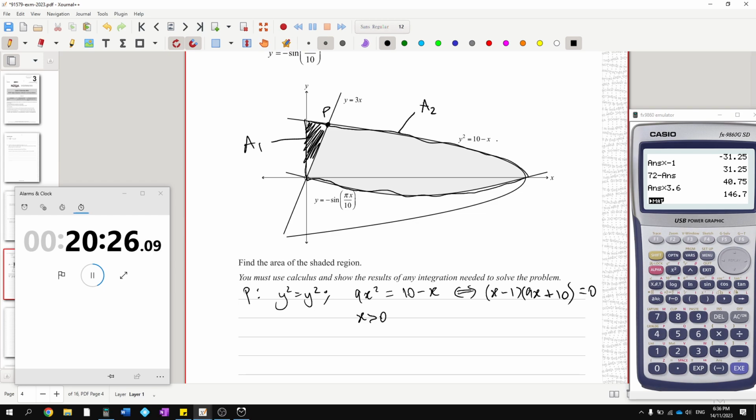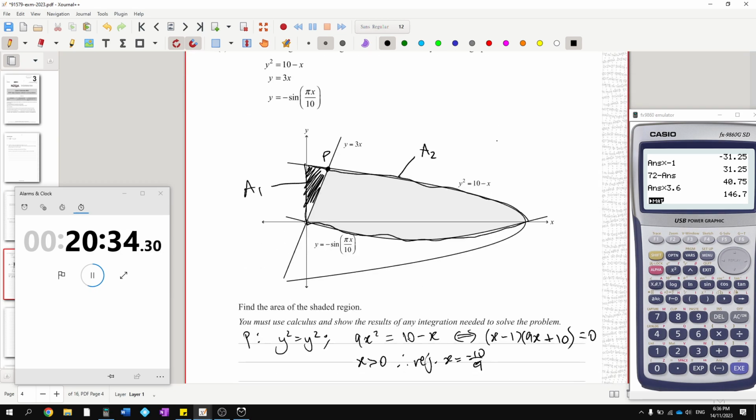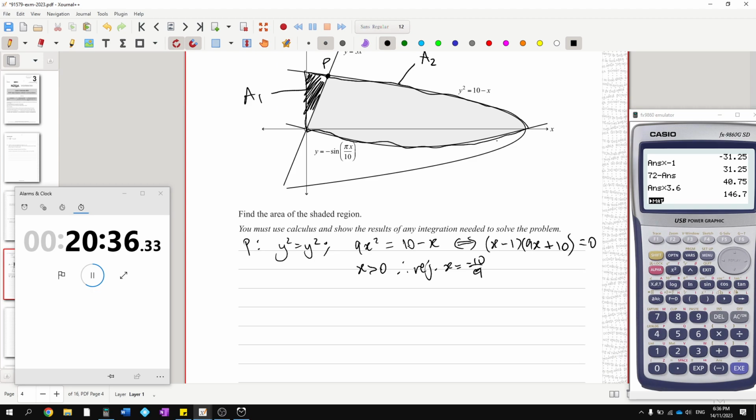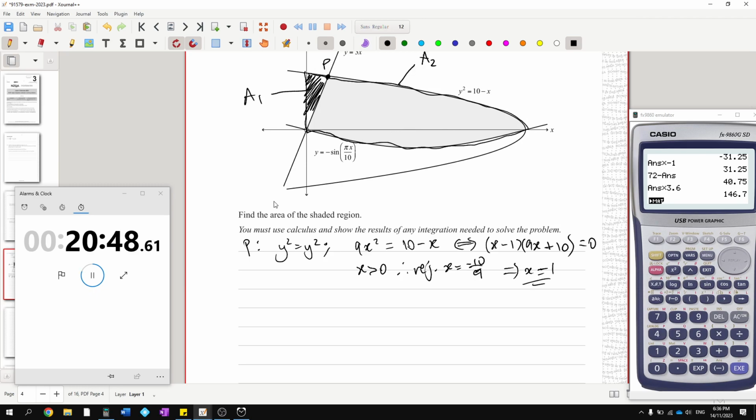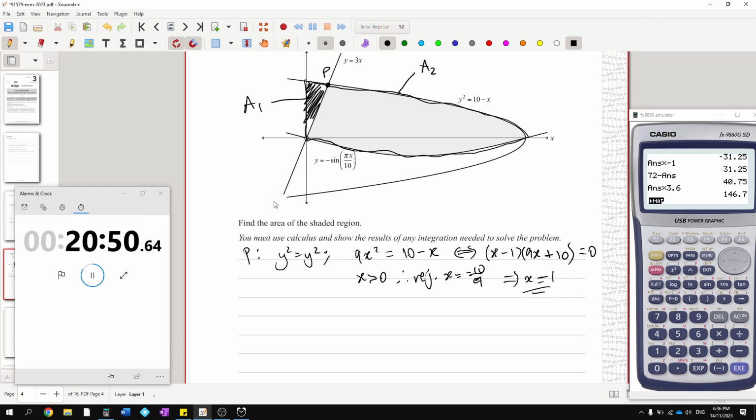X is positive, so reject x equals minus 10 over 9. So we get x is minus 1. Oh my gosh, what am I doing? X is 1. Okay, yeah, that makes sense.